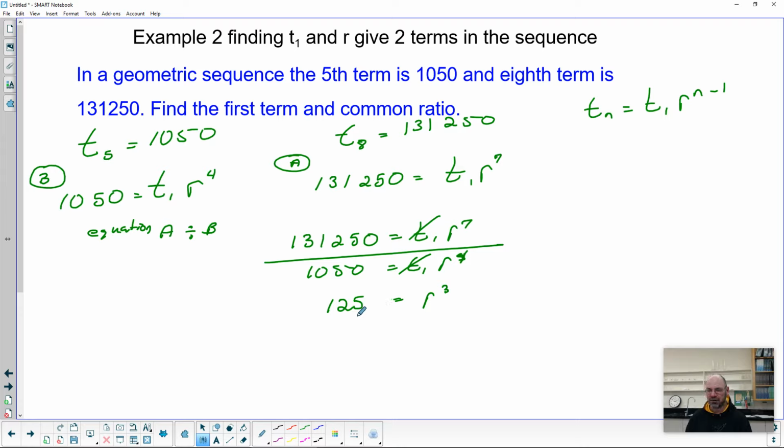So now what we have to do is take the cube root of 125 to get R. So if I take the cube root of that, which I have to use my calculator. Oops, I put multiply, not cube root.